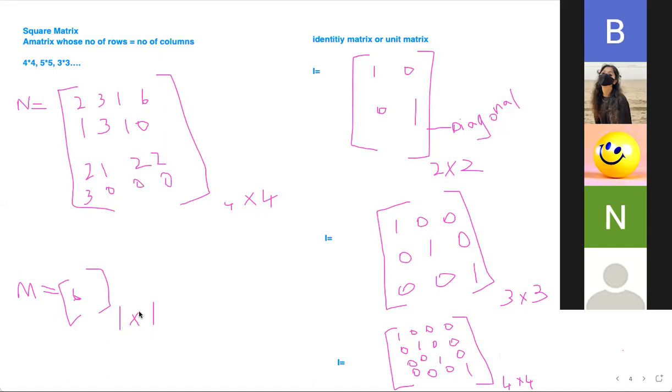Class, can I change the screen? हो गया ये सबका? Yes, ma'am. Finished? Is there anyone still doing virtually?